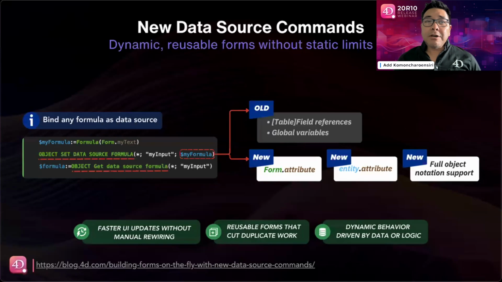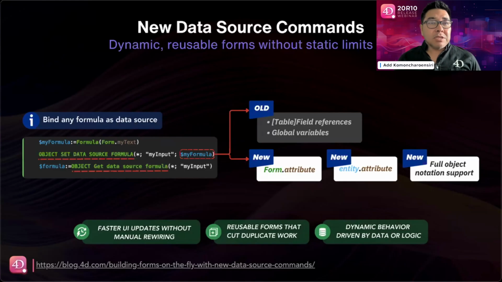Now, with the new command, OBJECT SET DATA SOURCE FORMULA, you'll be able to bind more to it. For example, you'll be able to bind a form attribute or an entity attribute, or even a computation or expression directly to an object.